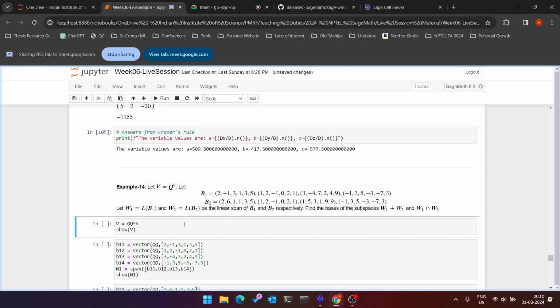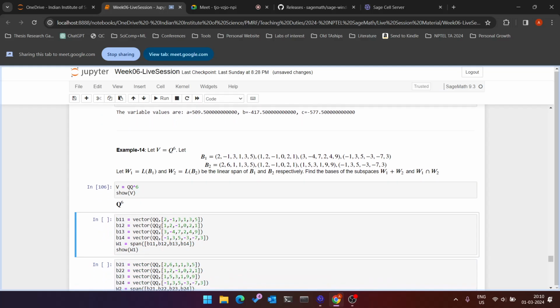So first let us define vector space V, the six-dimensional rational vector space Q6, defined as Q raised to 6. Next, define B1 and W1. B1 is made out of vectors with entries in the rational numbers.